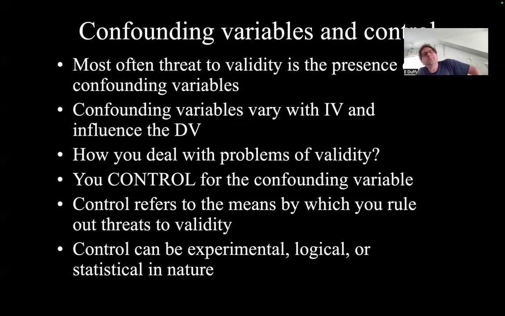So most often the threat to validity really is the presence of confounding variables. These are things that vary with the independent variable but influence the dependent variable. So for instance, you might be interested, as I am, in people's environmental attitudes and their behaviors. But environmental attitudes correlate with things like education.